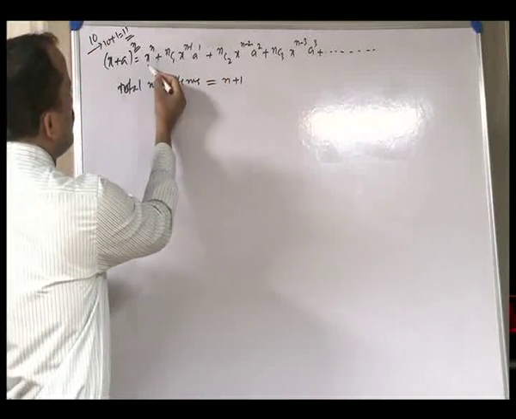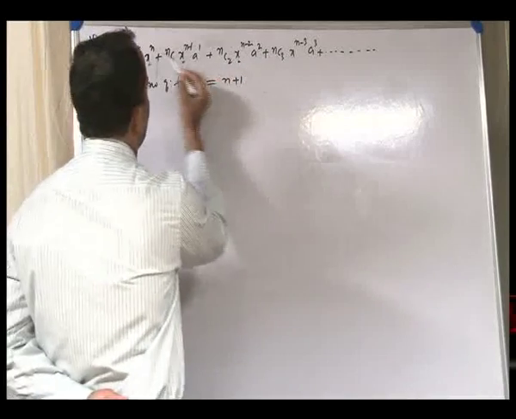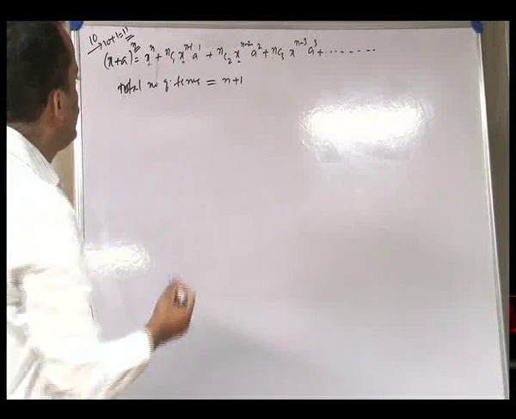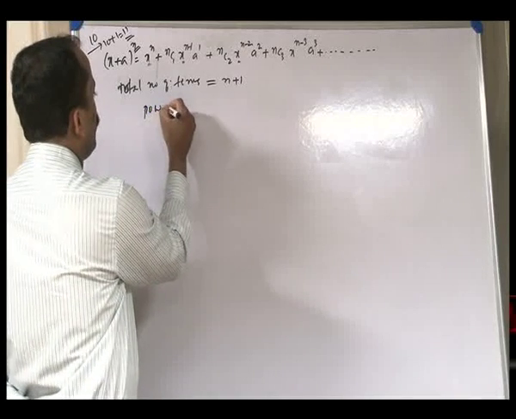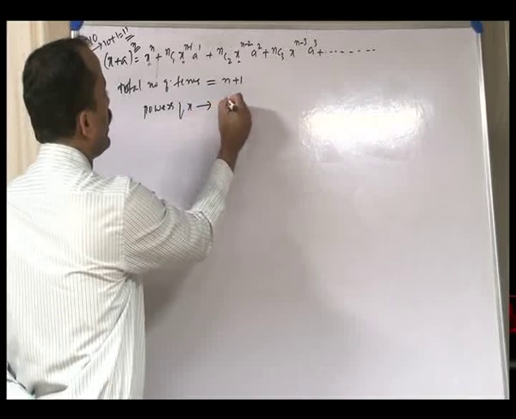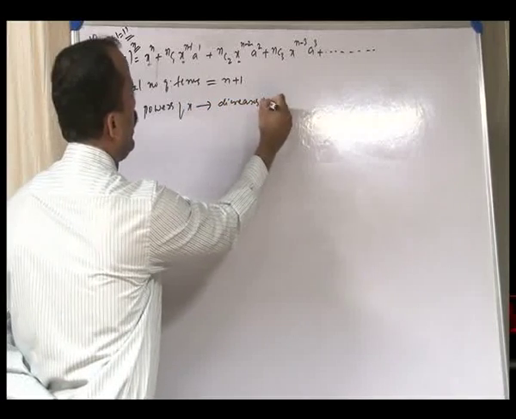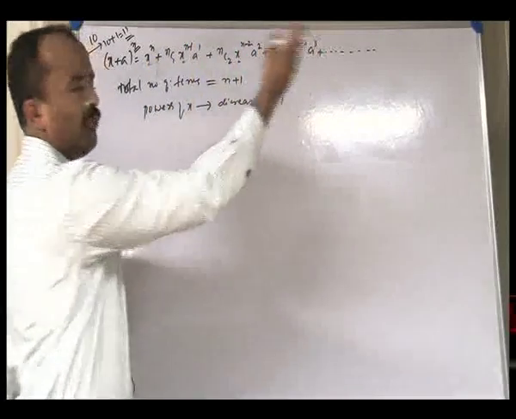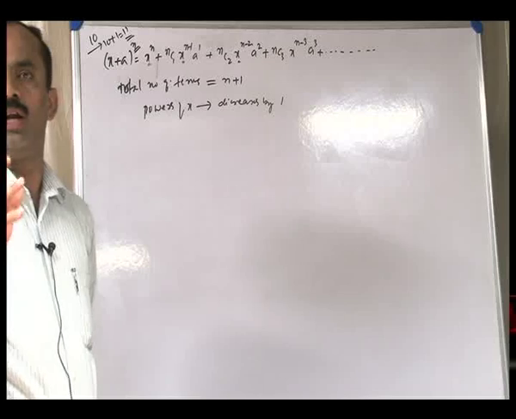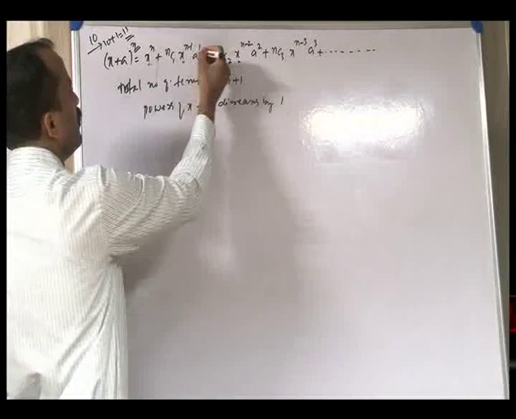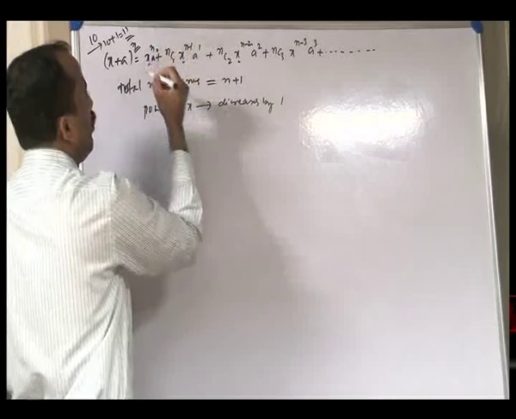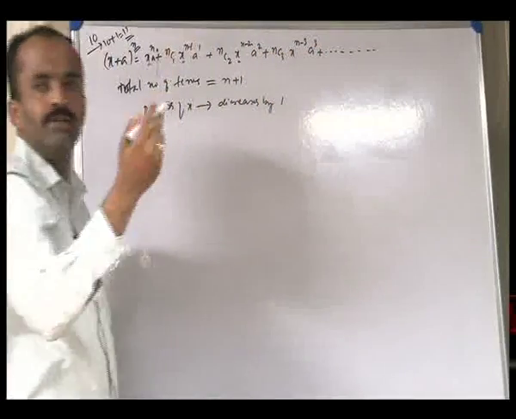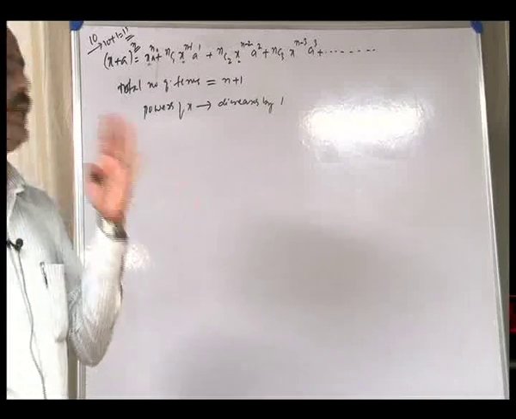And just observe these x powers: n minus 1, n minus 2, n minus 3, n minus 4, etc. The powers of x go on decreasing by 1, whereas for the a value, a^0, a^1, a^2, a^3, a^4, etc., the power of a goes on increasing by 1.